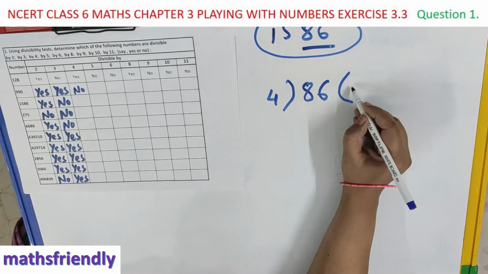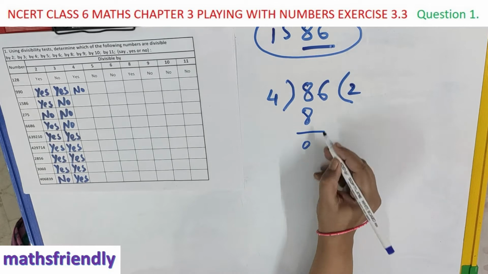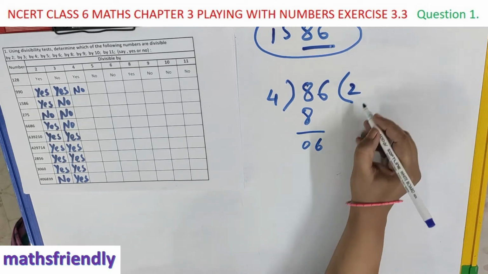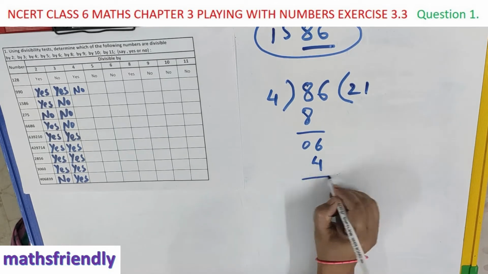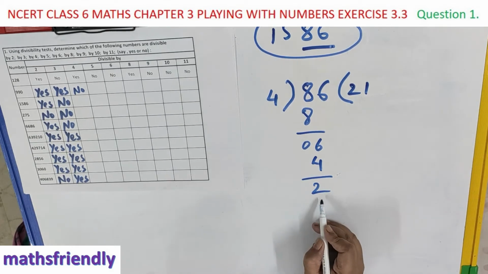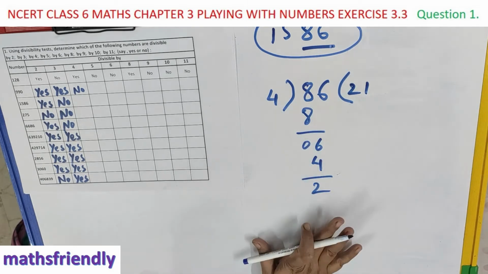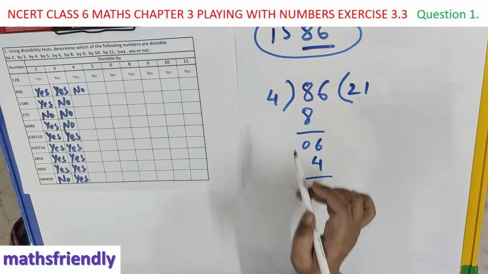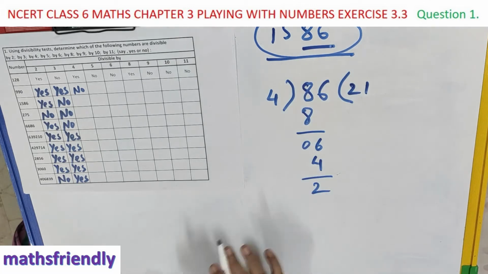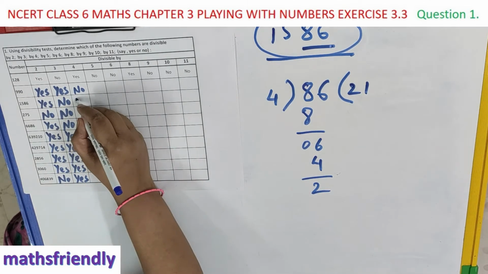So we will check it. 4 2s are 8, remainder is 0, 6 comes down, 4 1s are 4, remainder is 2. It means we are getting the remainder 2. It means 86 is not divisible by 4. So we can say that the number itself is not divisible by 4. Okay. So not divisible, we will write no.